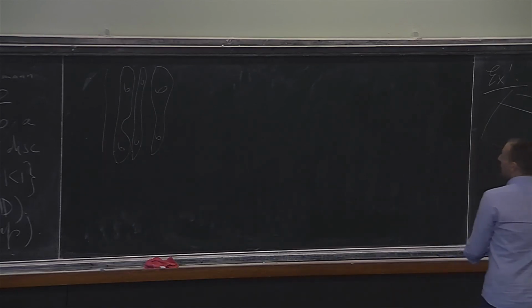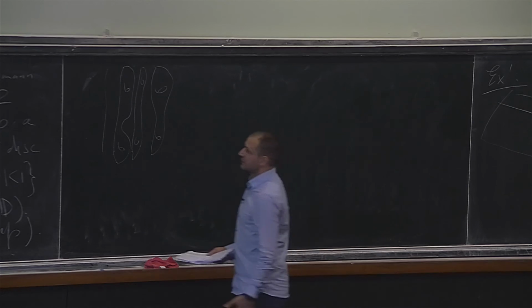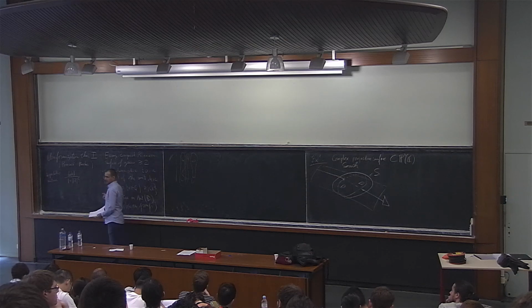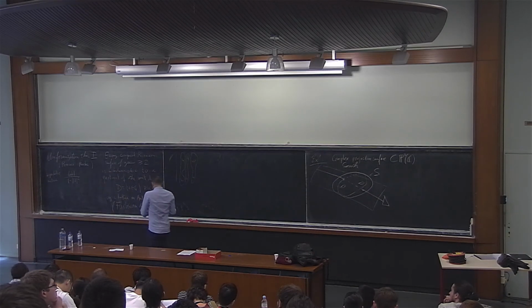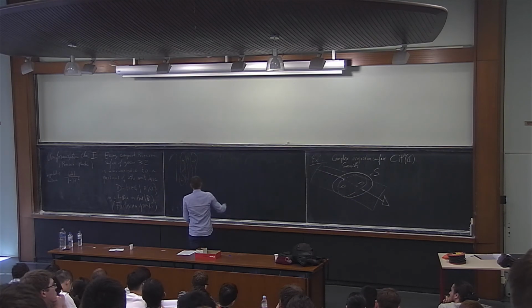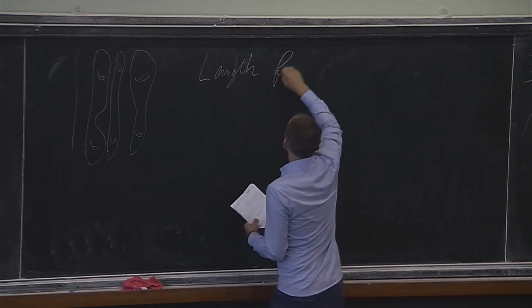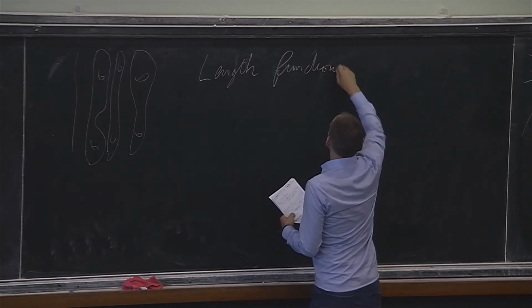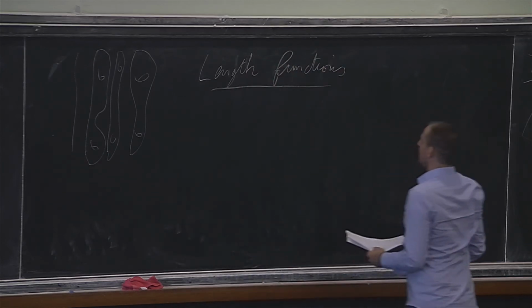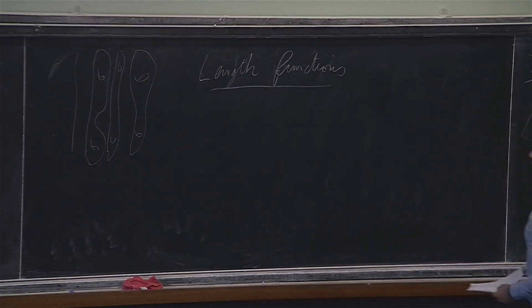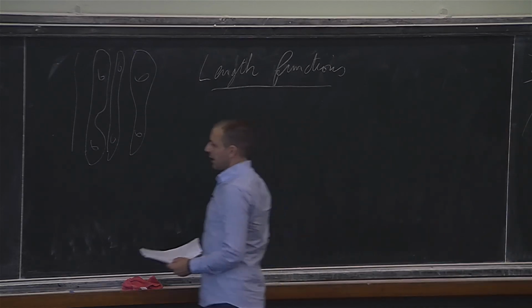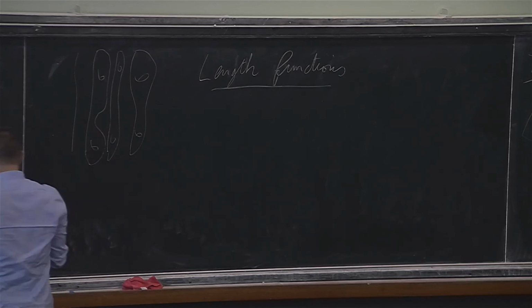And so to define a topology, it's natural to look at this metric. So let me just define these length functions on Teichmüller space, and then I'm going to stop.